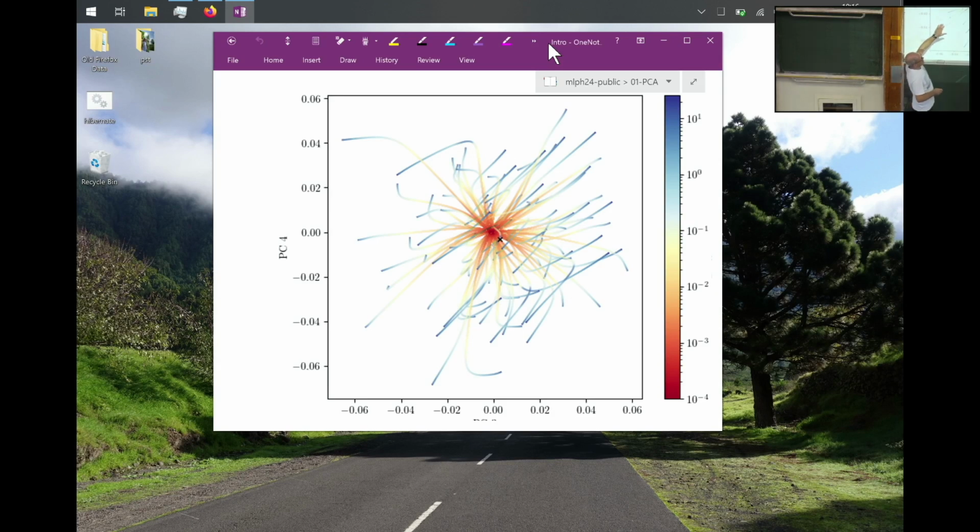Highlighted here in color is, in addition, how big the gradient norm was at each of these steps. We can see that the point where they do converge is different from the point where they should converge. So this is the ground truth solution. This is where they do converge.